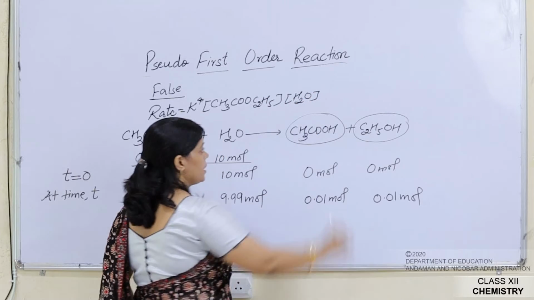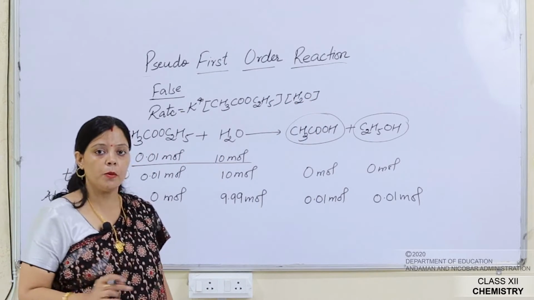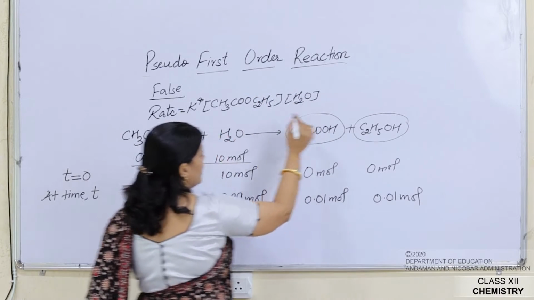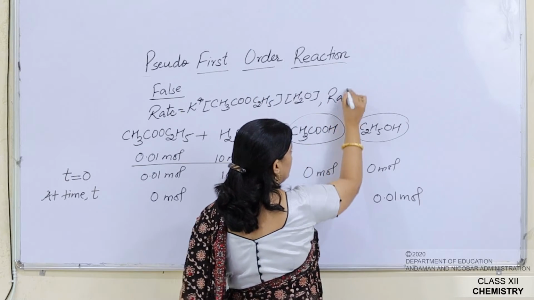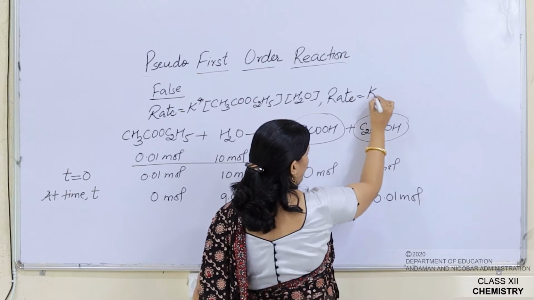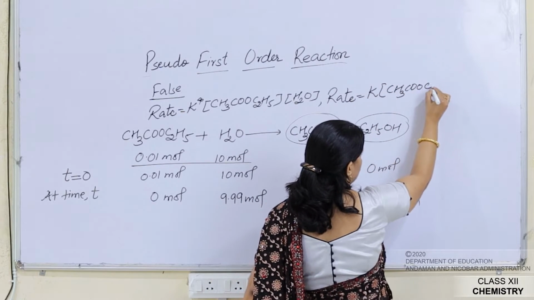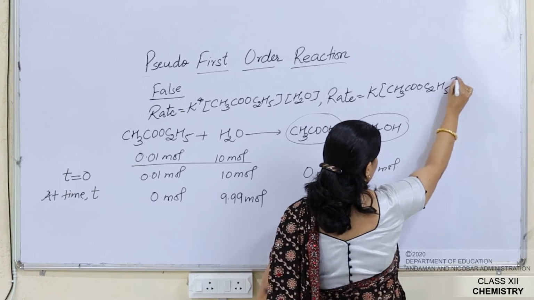Since the concentration of H2O does not change too much during the course of the reaction, this term can be taken as constant. So we can write another rate equation, that is, the rate is equal to K concentration of only ethyl acetate, that is CH3COOC2H5.